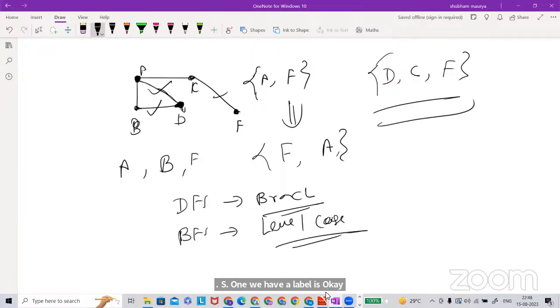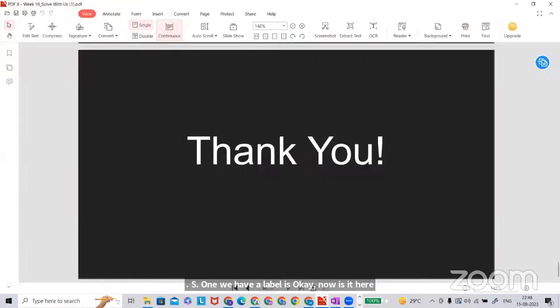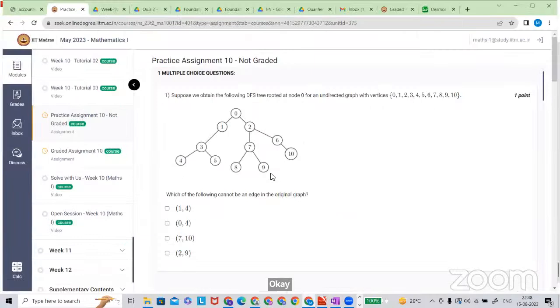Yes, sir. In that question, are 2 and 9 in the same branch or not, sir? 2 and 9. It is in the same branch, no? If you draw it, it is continuous. Okay, in the same branch. But this is the root, 0, no? Yes, sir. Even 0 will be considered, right?